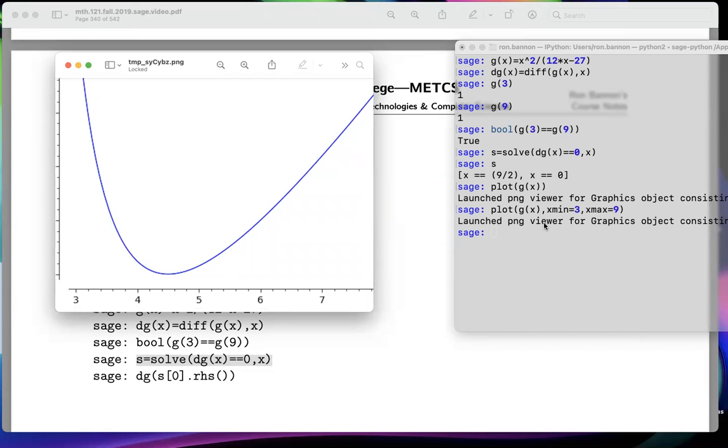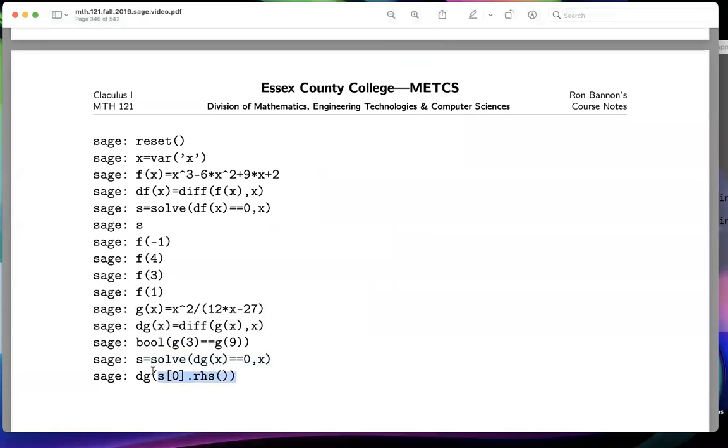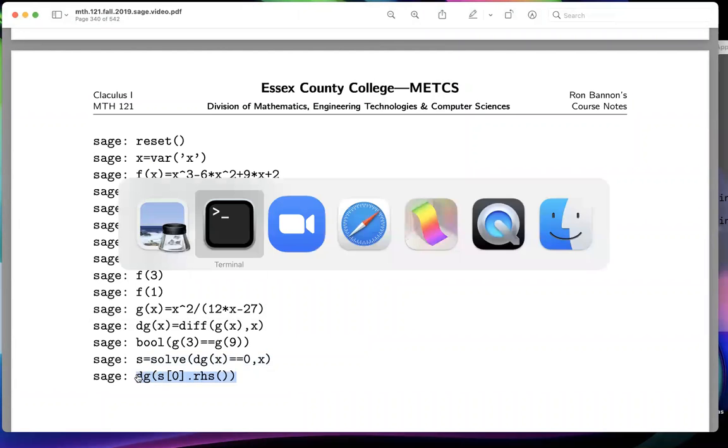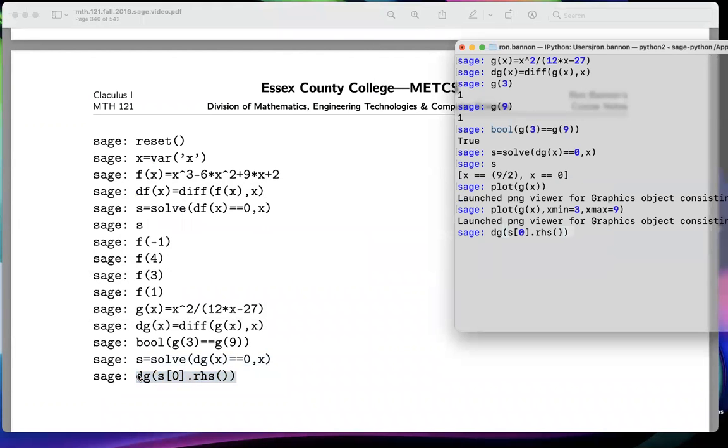Let's go back to our code, and I want to talk about the last line of code over here. So it takes S. I want to tell you what S is. It's up here. S is a matrix, by the way.